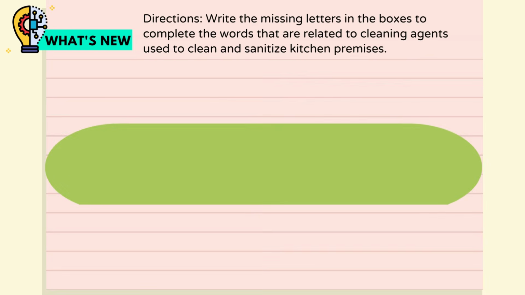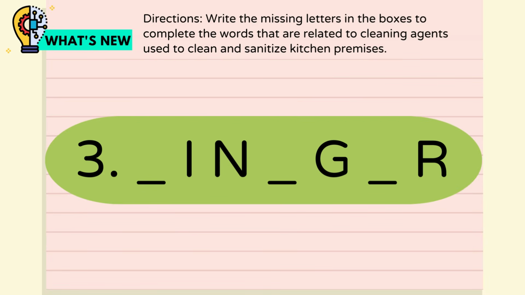Let's try number 3. Can you guess number 3? It is an acetic acid having a distinct sour taste and pungent smell. This is also used to clean different utensils or kitchenwares. If your answer is vinegar, then you're correct.